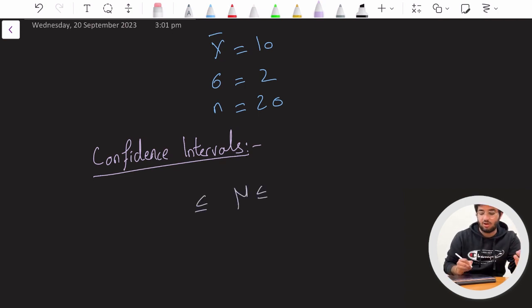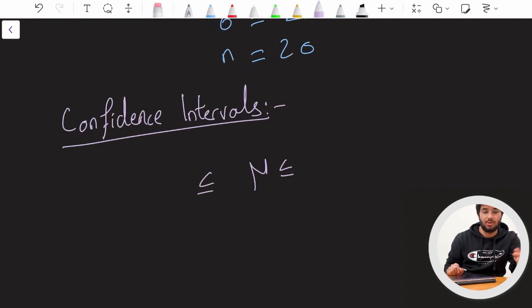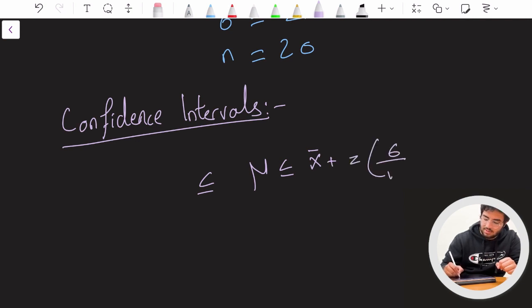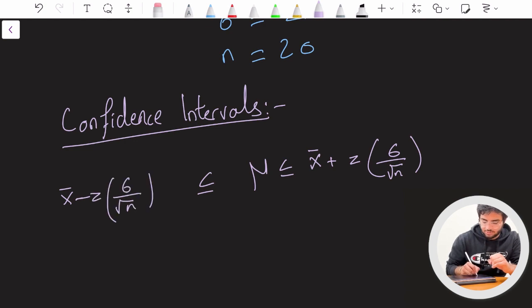How to get this confidence interval is like this. Your mu, which is the population mean, is given by x bar plus z times sigma over square root n. What is z? I'll get to that in a second. And it is greater than x bar minus z times sigma over square root of n.